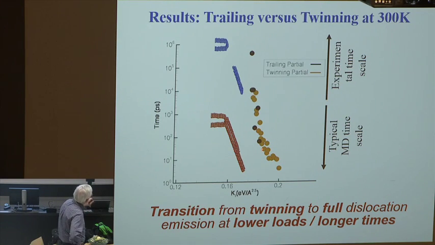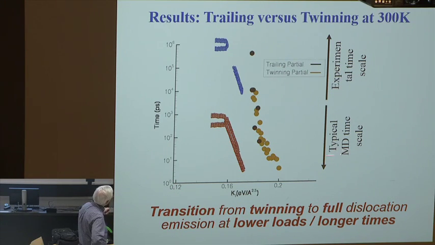The symbols here show what happened. We fixed the K1 value, and at this time, so many picoseconds, something happened. And the orange color are twins, and the black color are partial dislocations. And if you look at molecular dynamics simulations, they're almost always down in this regime here, 100 picoseconds or less, and as a consequence, they're always at high loads.